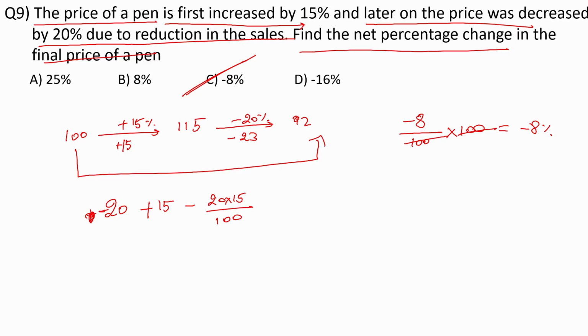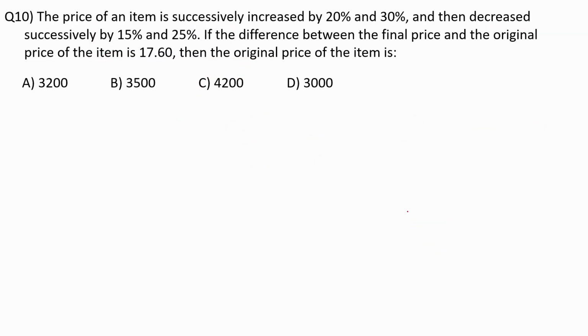So 15 minus 20 minus 15 into 20 upon 100. 2 1s are 2, 5 1s are 5, 5 3s are 15. Calculating, 15 minus 20 minus 3. That is 15 minus 23, that equals minus 8. So the resultant percentage change would be a decrease of 8%. Let's go to the next question.